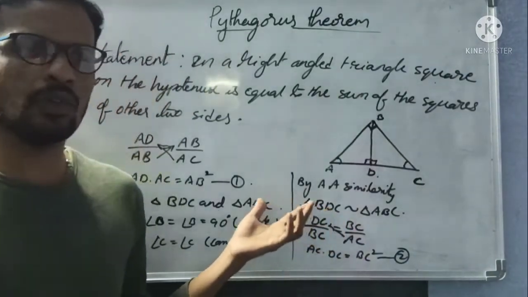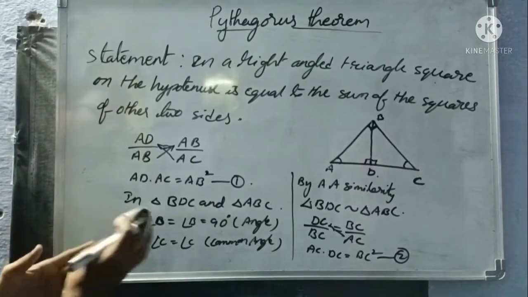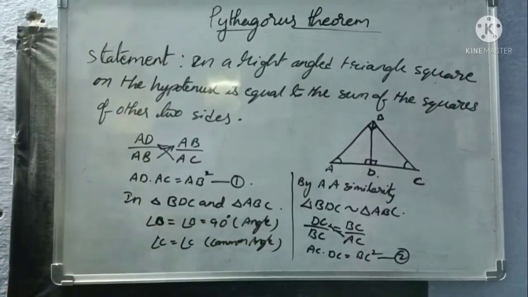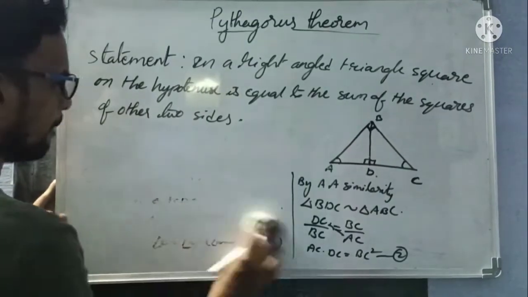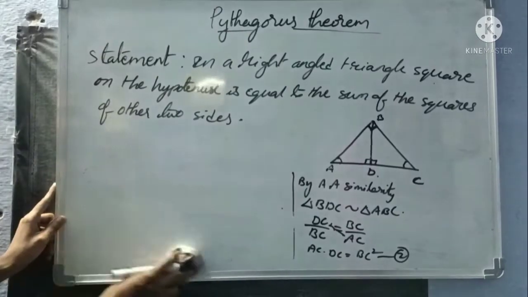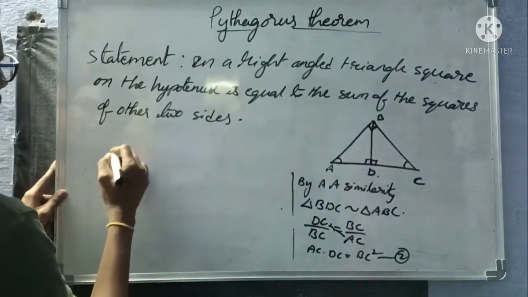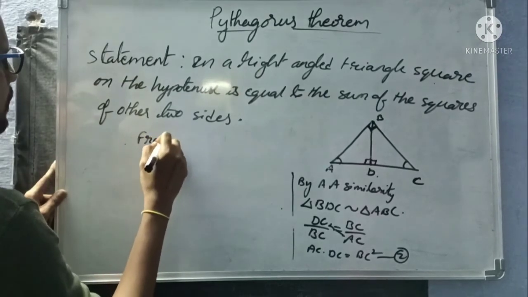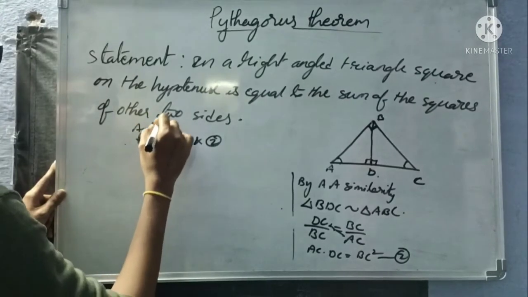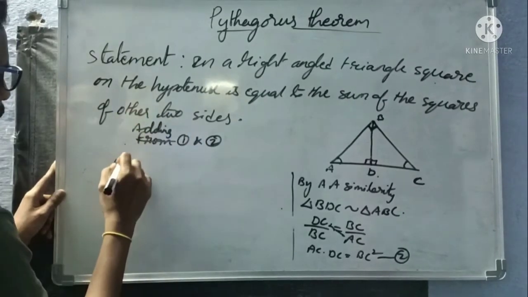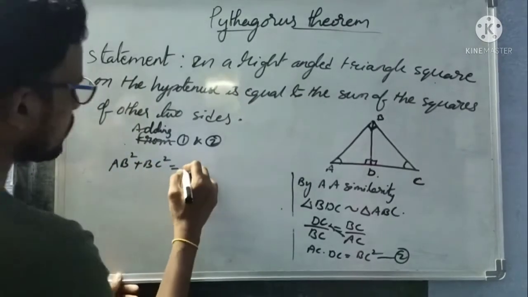Clear? Okay. Next, let us prove from 1 and 2 now. So adding 1 and 2, we will see what we get. Okay. So from 1 and 2, adding 1 and 2 we get AB square plus BC square is equal to... So what is AB square?